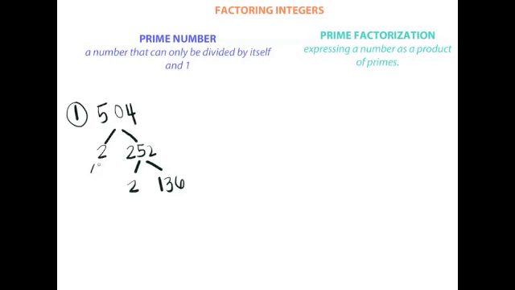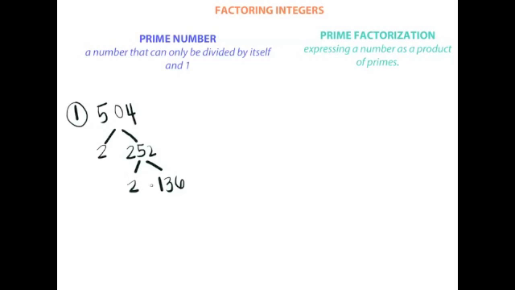Remember, a prime number can only be divided by itself and 1, so 2 is a prime number. It can't be divided by 4 or whatever. So I'm just going to leave the prime numbers there. You don't need to expand them out. Once you get to a prime number, just stop.